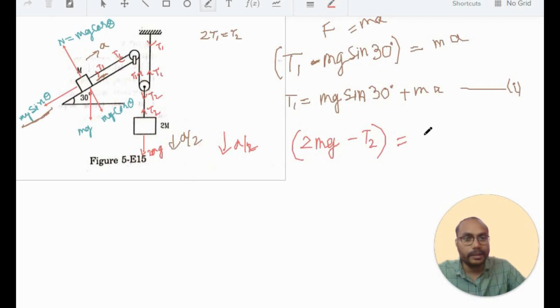So total force equals mass into acceleration. Here mass is twice m and acceleration is a by 2.